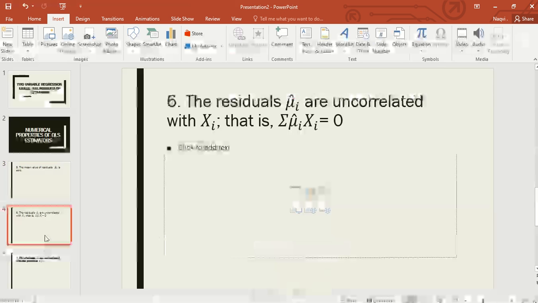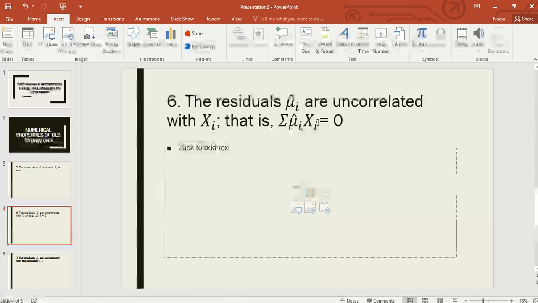Now coming to the sixth property: the residuals mu i hat are uncorrelated with xi, that is, summation mu i hat xi equals 0. Or you can say that the sum of the product of residuals mu i hat and the value of the explanatory variable xi is 0, which also means that mu i hat and xi are uncorrelated.